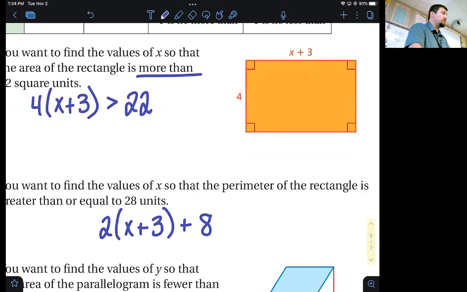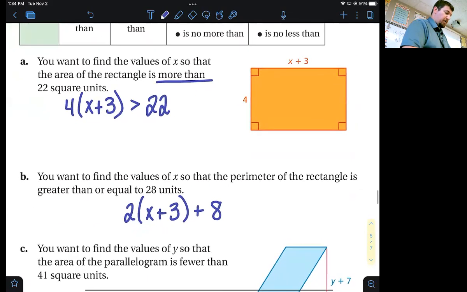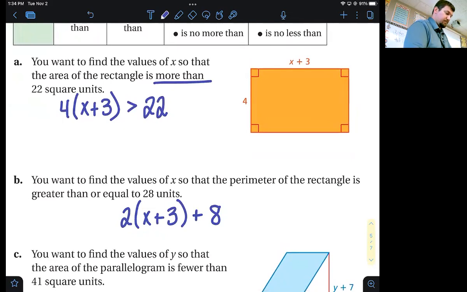Okay. And then it says is greater than or equal to. That's greater than 8. And then what? 28. That's one way you could do it.